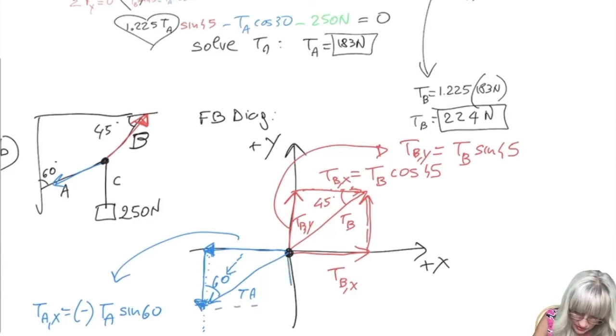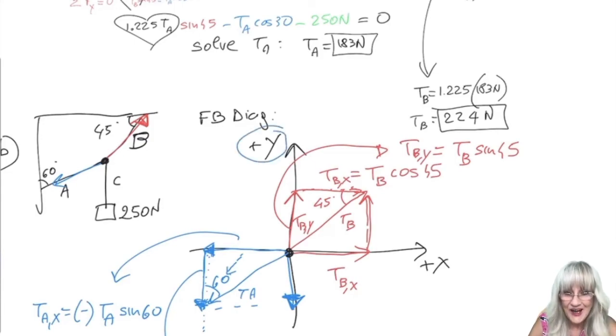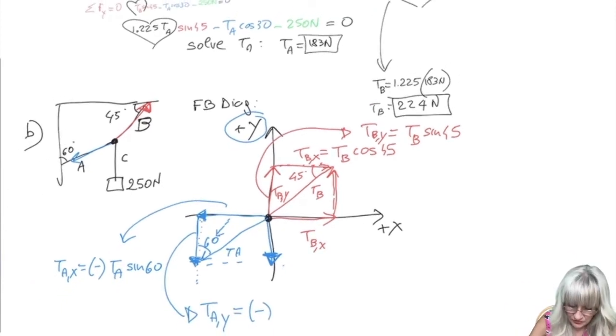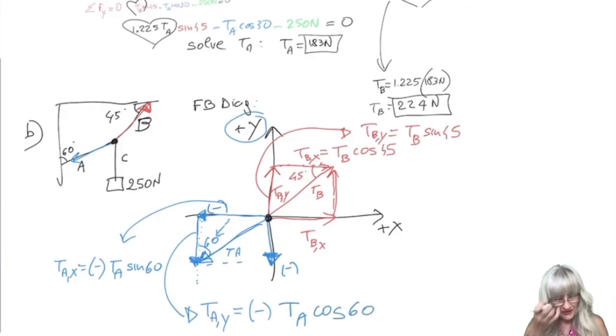The y component of tension A will be negative because it is pointing down, so that's why I put a minus sign. It will be the hypotenuse T of A times the adjacent angle, the cosine of 60.